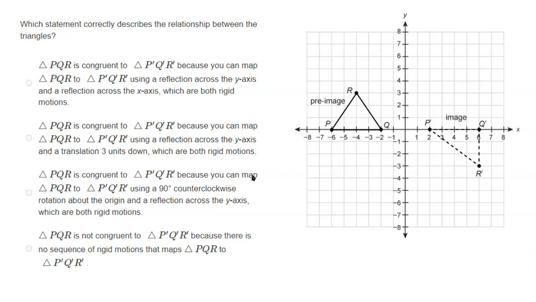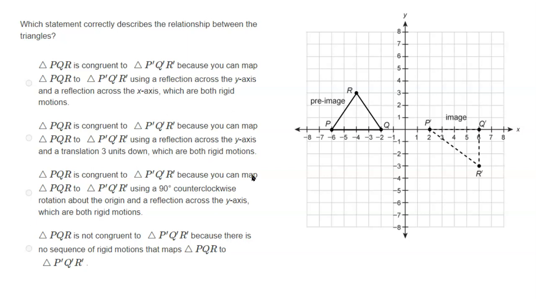Which statement correctly describes the relationship between the triangles? Triangle PQR is congruent to triangle P prime Q prime R prime because you can map them using a reflection across the y-axis and a reflection across the x-axis, which are both rigid motions. Or they are congruent because you can map them using a reflection across the x-axis and a translation 3 units down, which are both rigid motions.